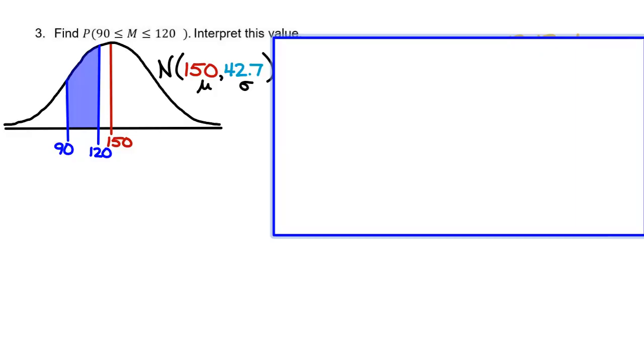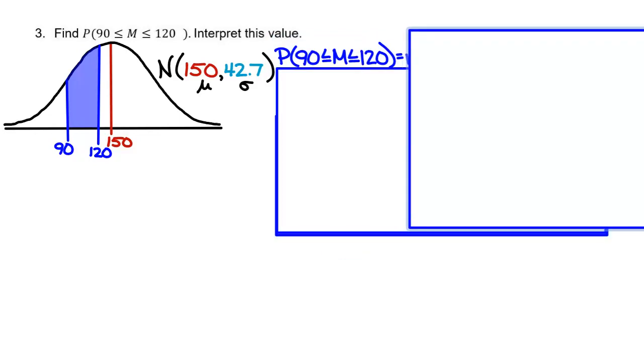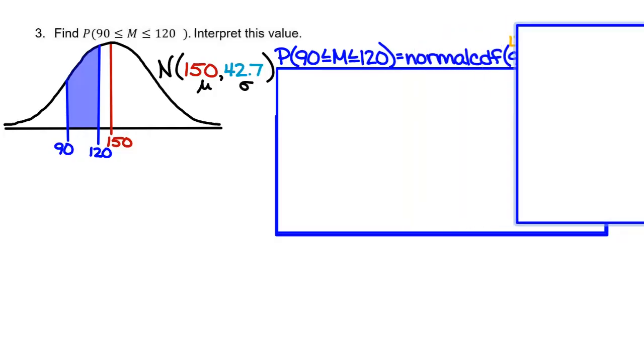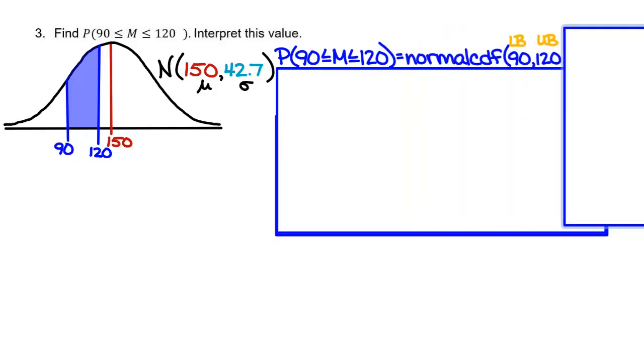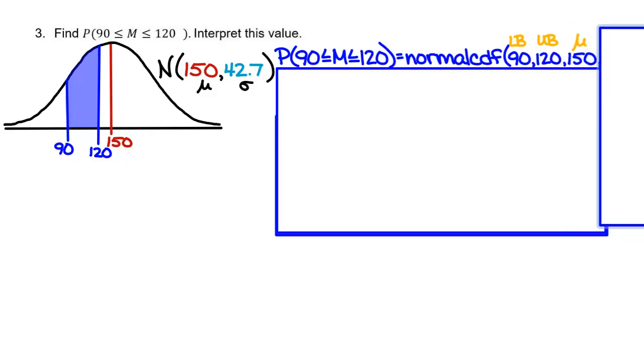All right, so what are we putting in the calculator? Normal CDF, lower bound of 90, upper bound of 120, mean 150, standard deviation 42.7. Make sure all of those different pieces are labeled.